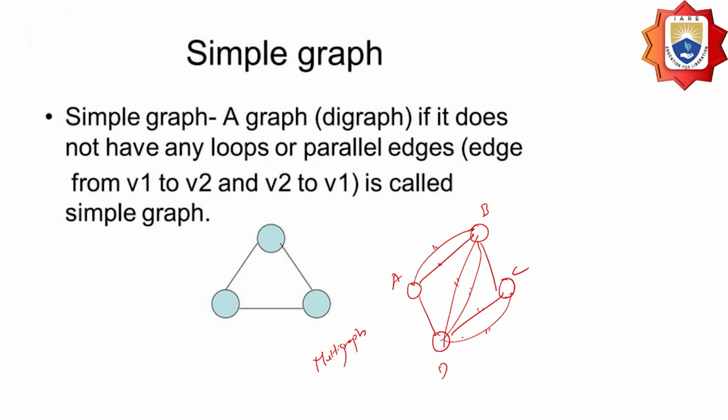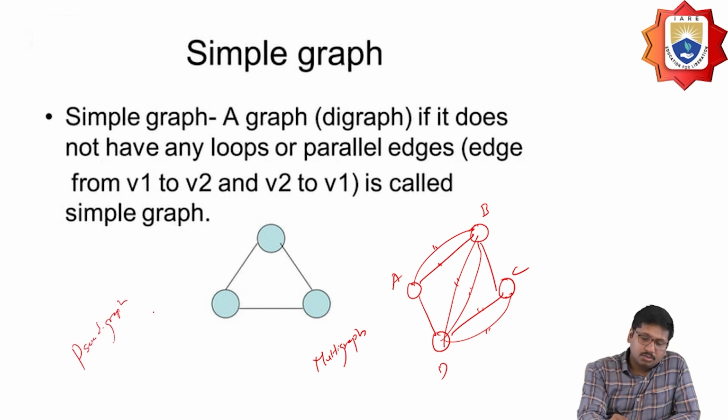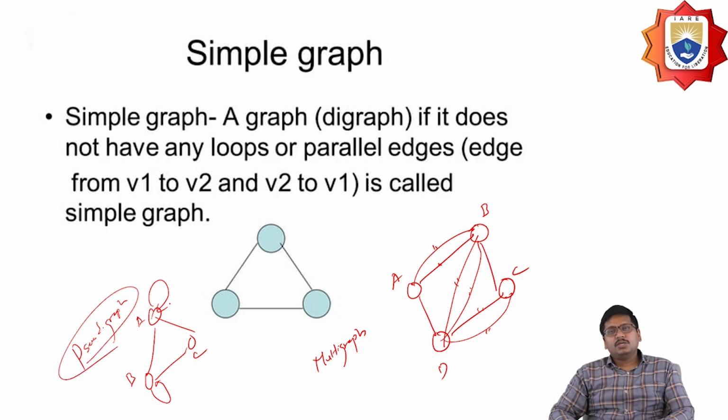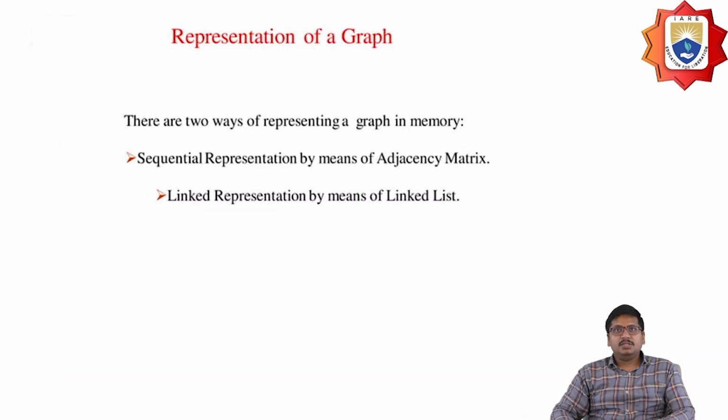Similarly, pseudograph. So what is the pseudograph here? Pseudograph means that whenever the graph is maintaining self loops, then I can say that graph is a pseudograph. So these are the different types of graphs here.